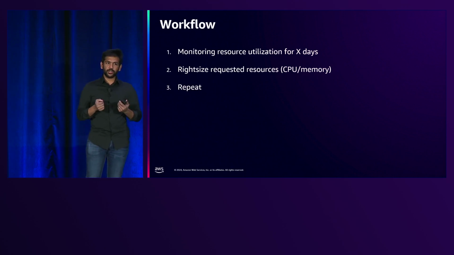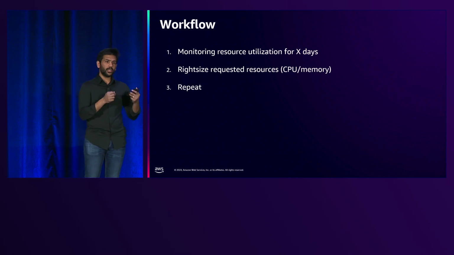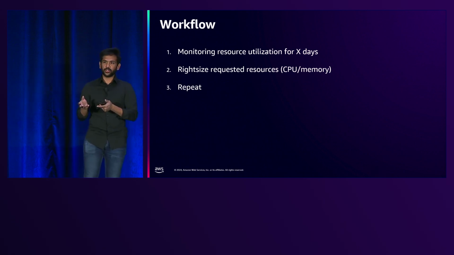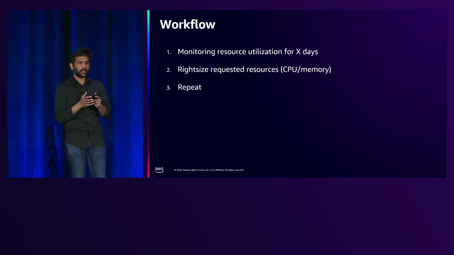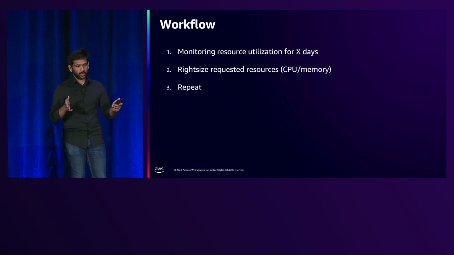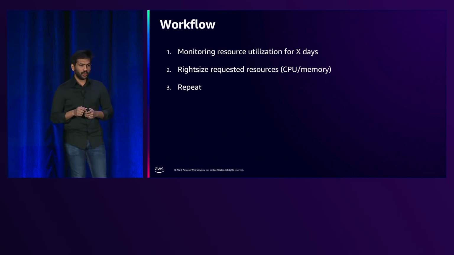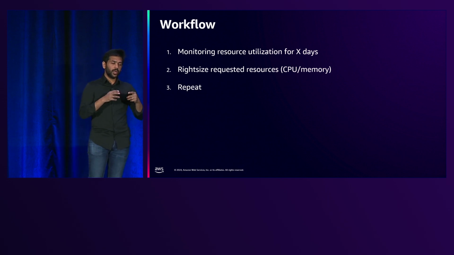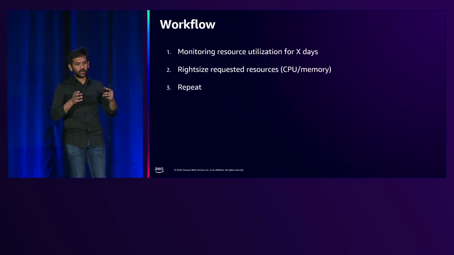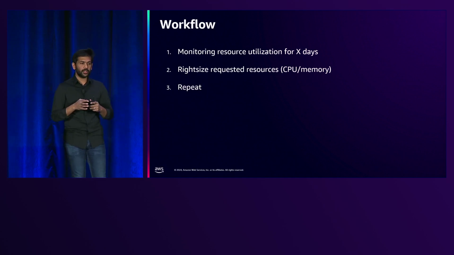We monitor the resource utilization for several days, and we slowly decrement the resource requests so that the used to requested ratio of resources is in a ballpark that we are comfortable with. The whole process was repeated until we reach a place where we are comfortable with the ratio, and that way we were able to reduce the resources requested by the workloads and bin pack them onto the Kubernetes EC2 nodes, thereby shrinking the capacity of the Kubernetes cluster.